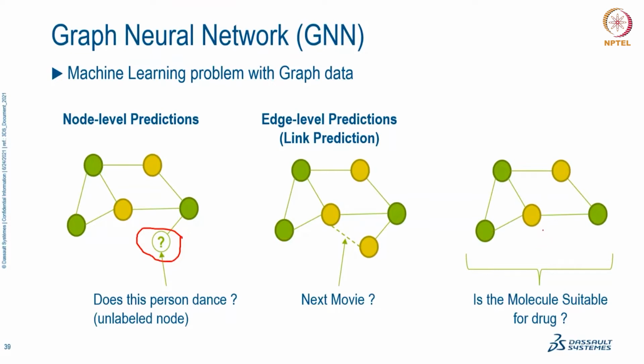For that, we have graph level prediction, where the entire graph is classified as medicine or a harmful drug. So these are the three major problems where graph neural networks come into the picture.